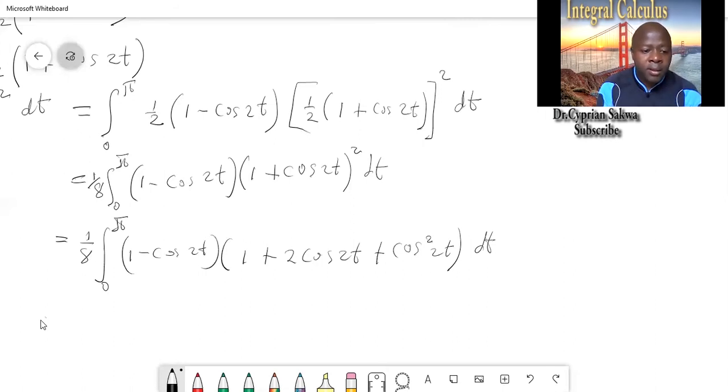So I would have 1 over 8, the integral from 0 to pi of, now expanding this, I have 1.